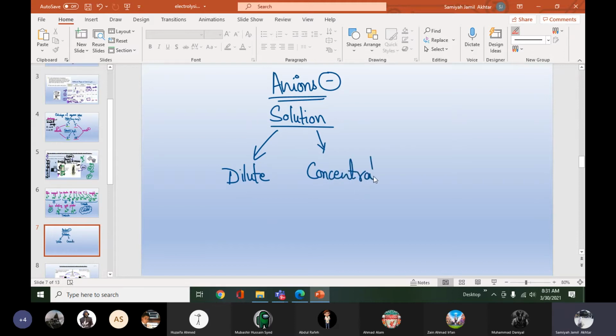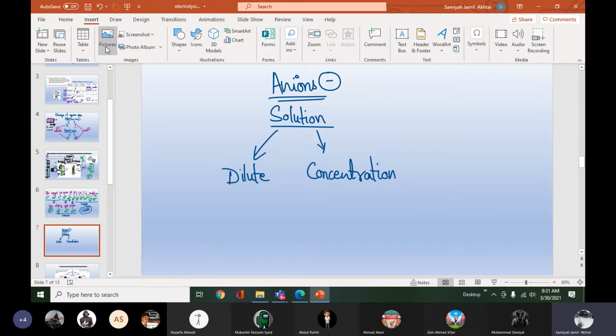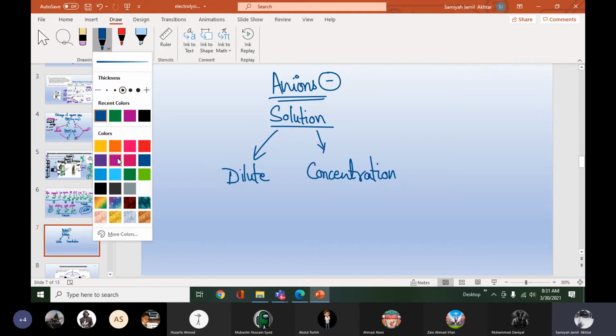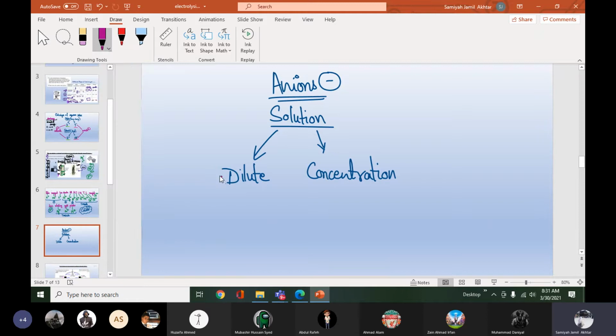There are only two ways. And the difference you all know: in dilute solution, there is more solvent and less solute.